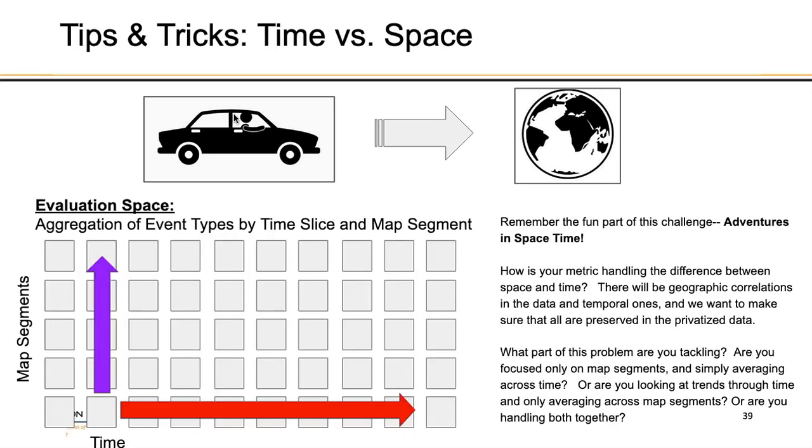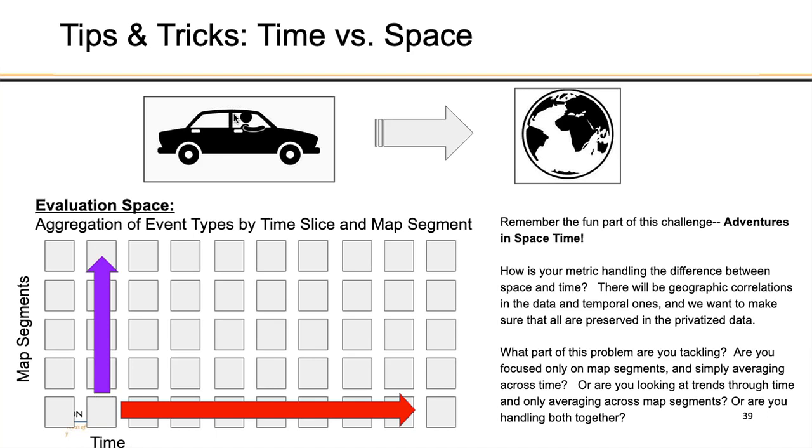So first one, think about time versus space. Adventures in space-time. So we are looking at, in this challenge, patterns both across map segments and across time. You want to think, what part of this problem are you tackling? Are you focused only on map segments and simply averaging across time?